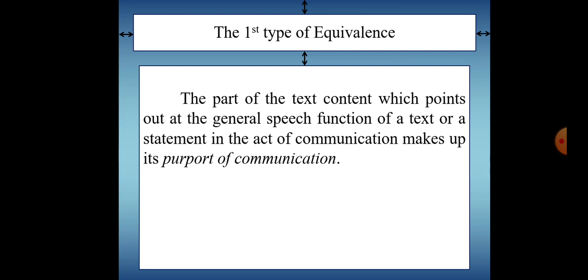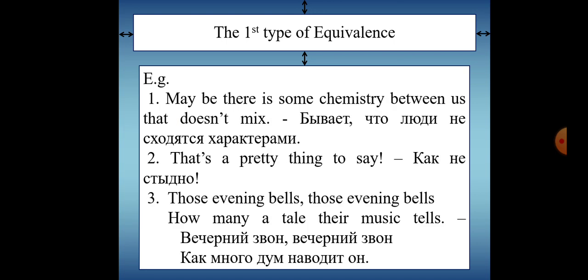The part of text content which points out the general speech function of a text or a statement in the act of communication makes up its purport of communication. But it presents derived meaning which is present in the text in a hidden form. The meaning which is taken from the whole text or a statement.